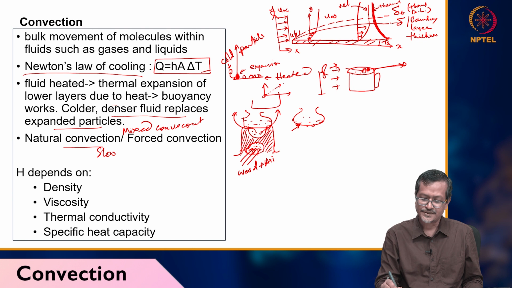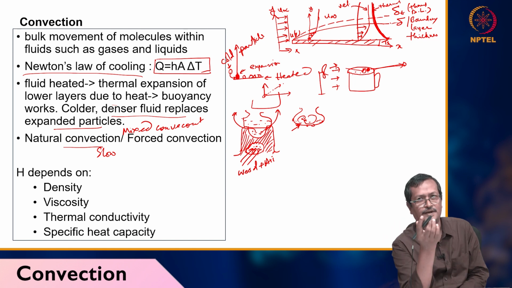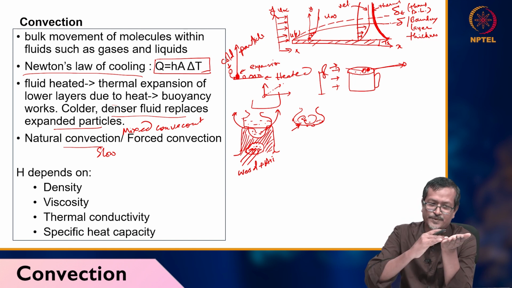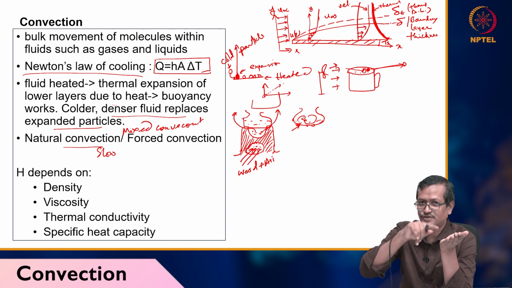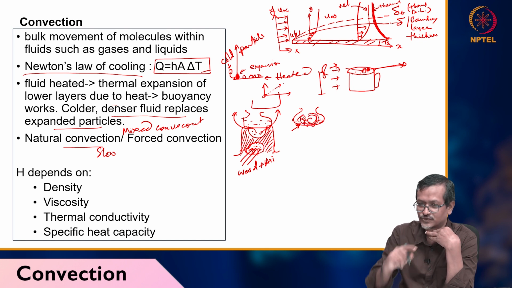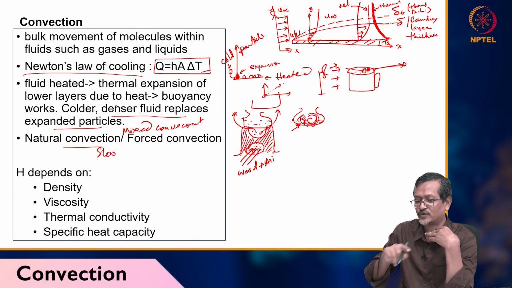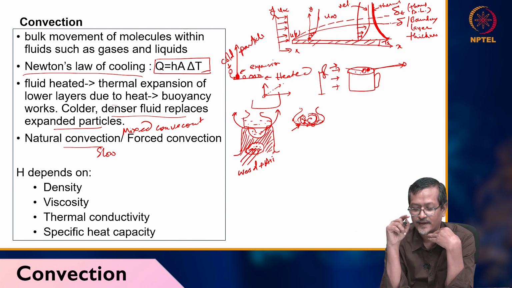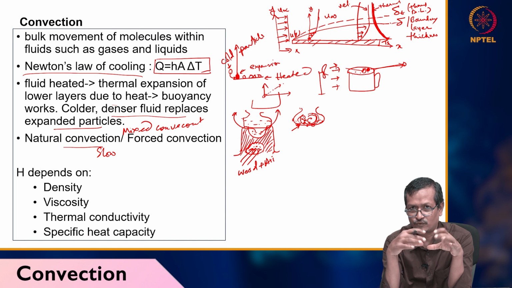Then inside the pot, the water gets convective heat transfer. The pot is heated by conduction, heat is transferred through the pot to the water, and inside the water there is lots of convection happening. Convection means a hot particle moves up and a cold particle goes down, creating turbulence inside, and the whole water is heated up.